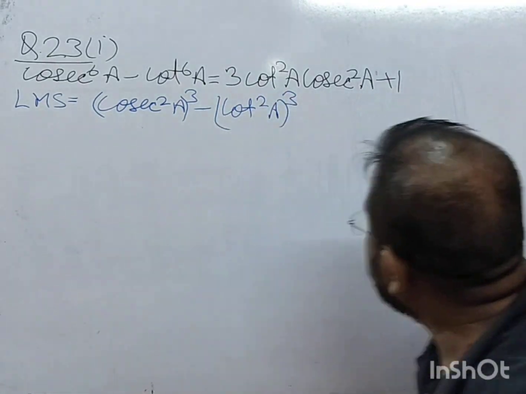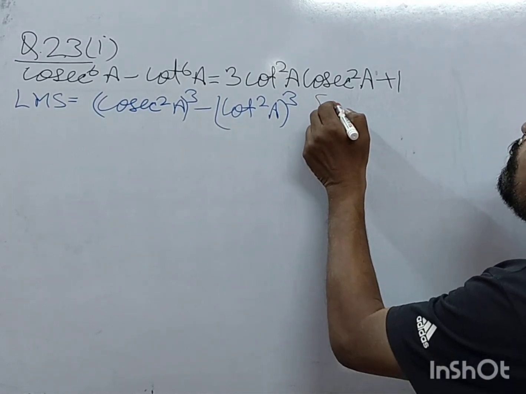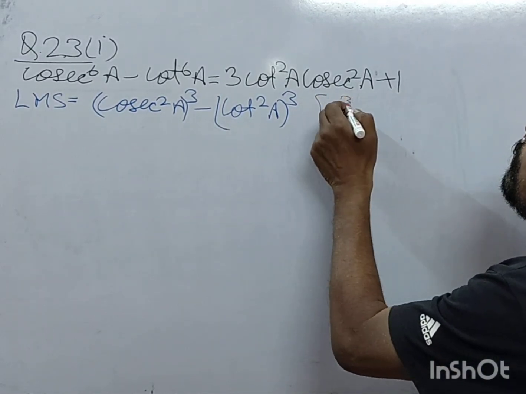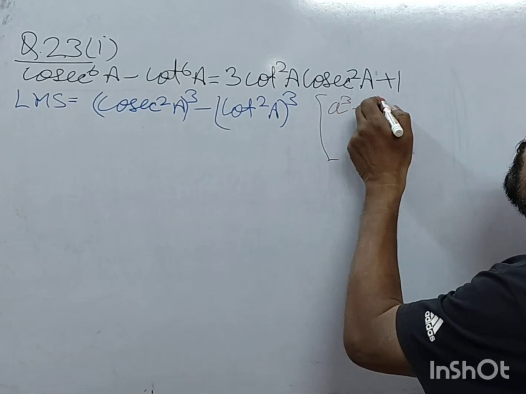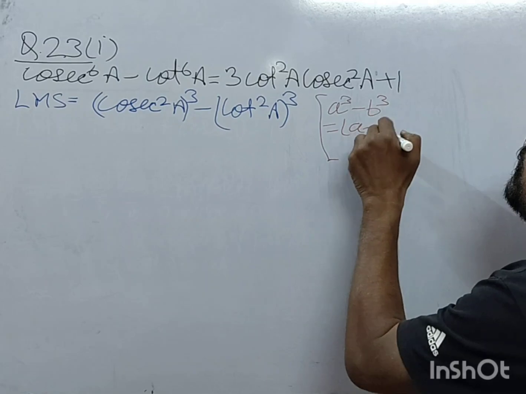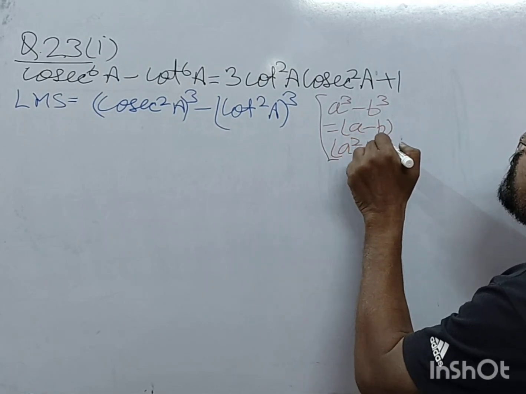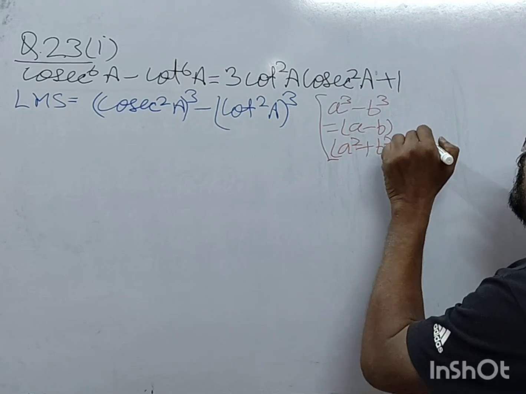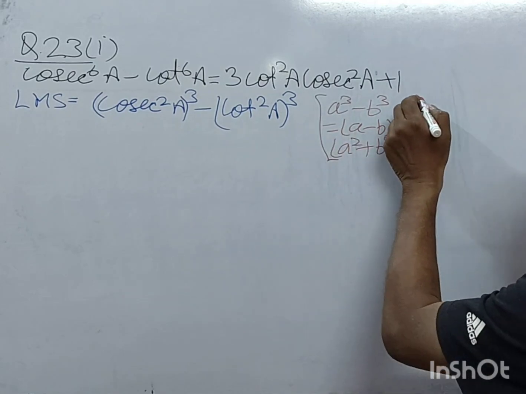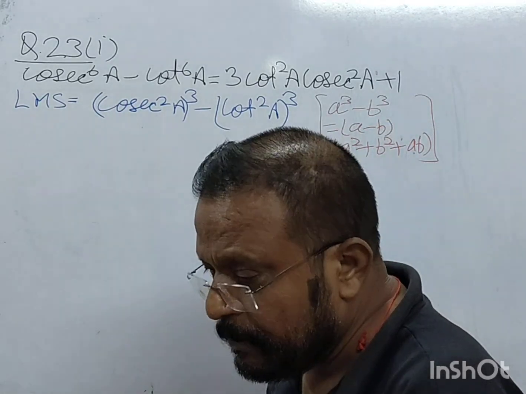And you know that a cube minus b cube is equal to a minus b bracket a square plus b square plus ab. You get this? This is the formula. So we apply here.